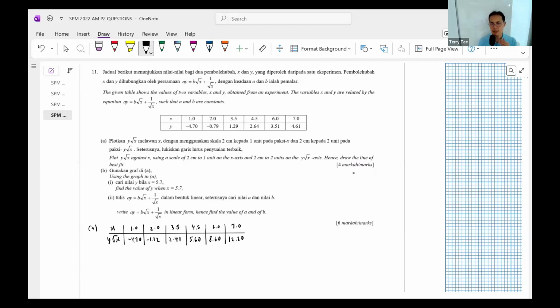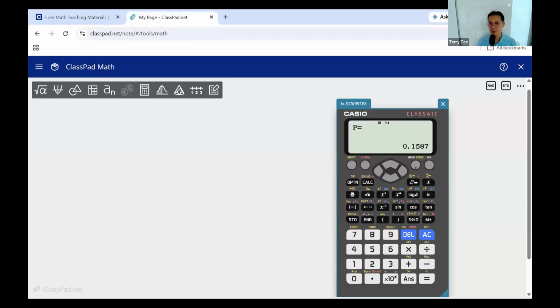Now I want to teach you guys one extra thing. That is, we can use our calculator to predict your answer. Let me show you here, guys, using this calculator, the latest 570 MS, press menu. You go to number 6 for statistic. Go to number 2, a plus bx.